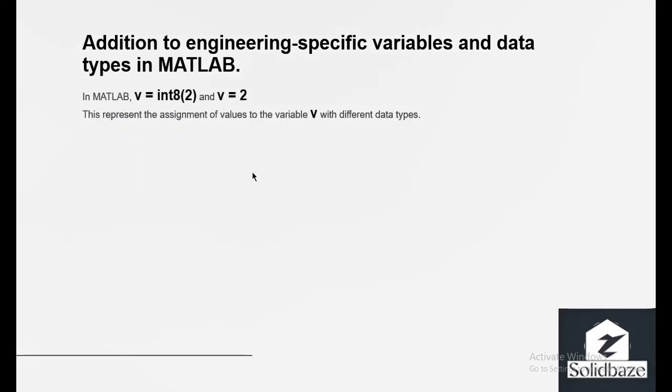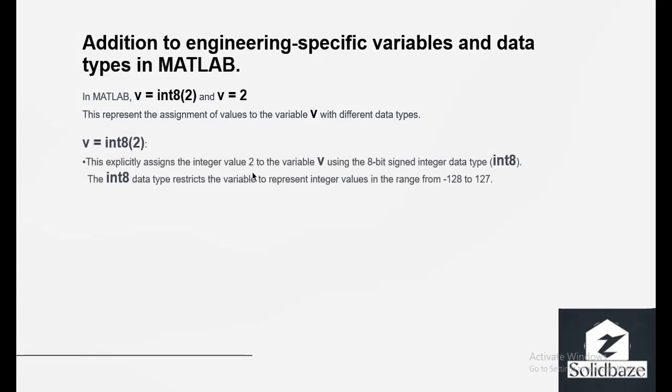If you have a scenario where you have this type of statement, variable v, which can stand for either voltage or volume, declared as an integer of 8 bits to hold the value 2, and in another case the same variable v declared as 2, what are the core differences between these two variable declarations? These both represent the assignment of values to the variable v with different data types.